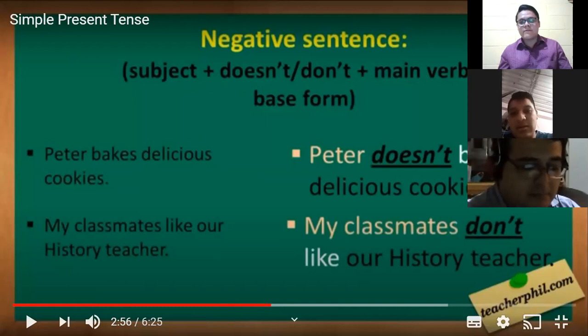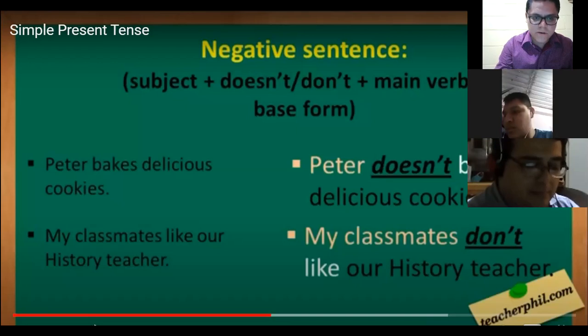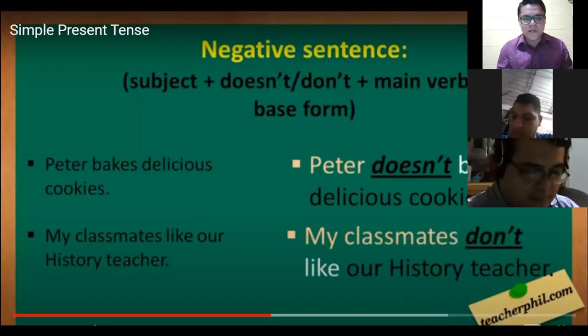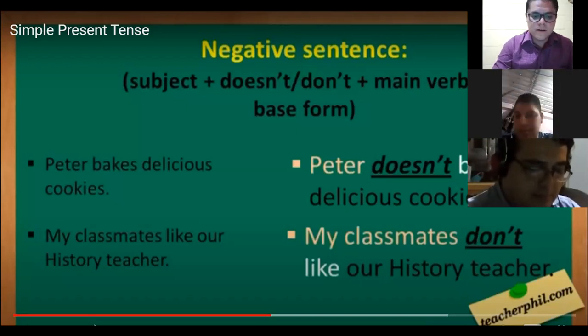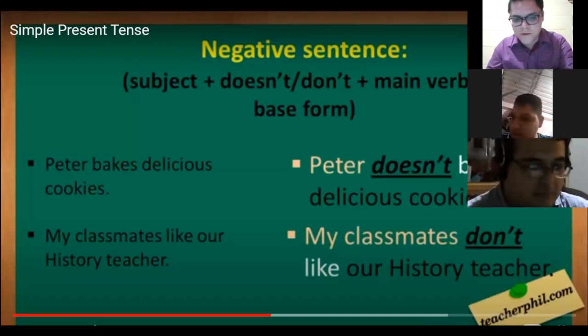For negative sentences, we use the auxiliary don't or doesn't. So let's go back to the subject pronouns. We have I, you, we, and they.